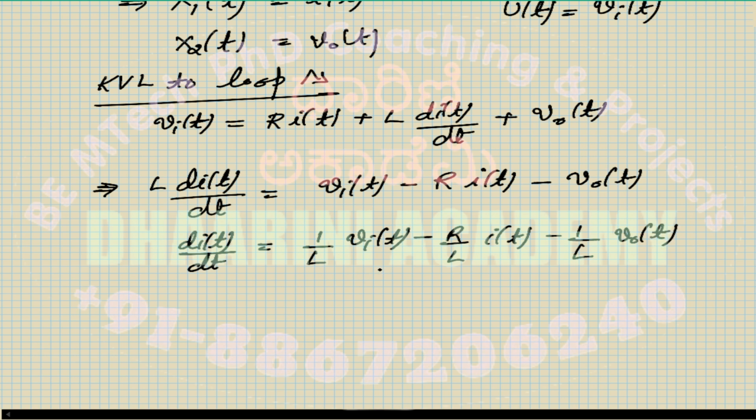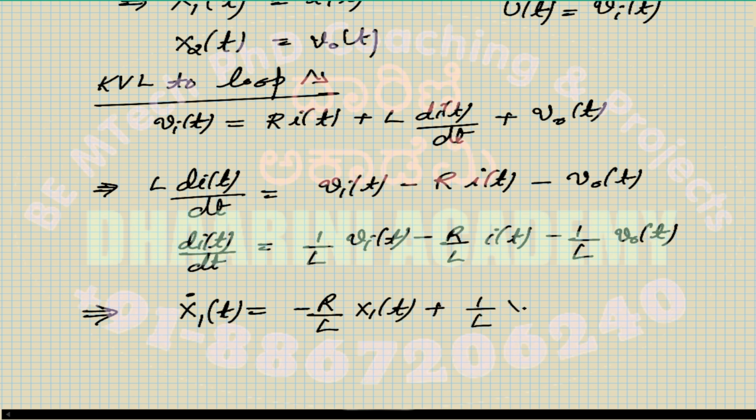So normally what I expect is this. What is di by dt? Di by dt is x1 dot, correct? So x1 dot of t is equal to, let me compare this. X1 is I, that's why I write minus R by L into x1 of t, plus 1 by L x2 of t.